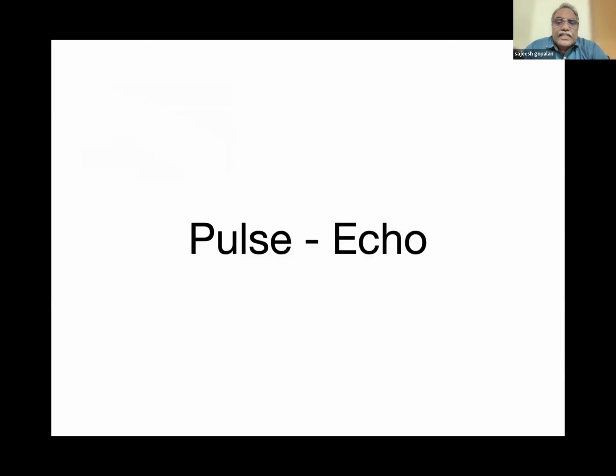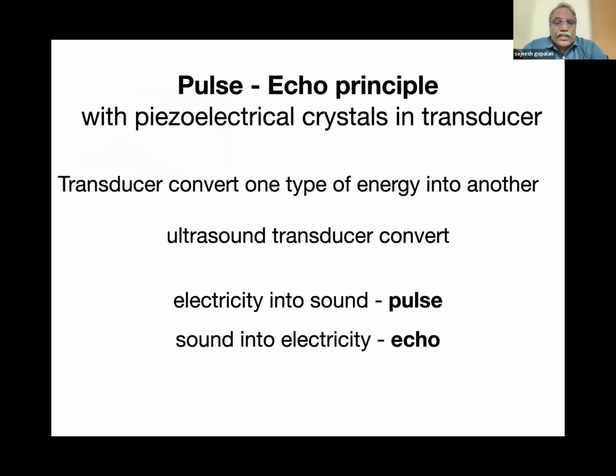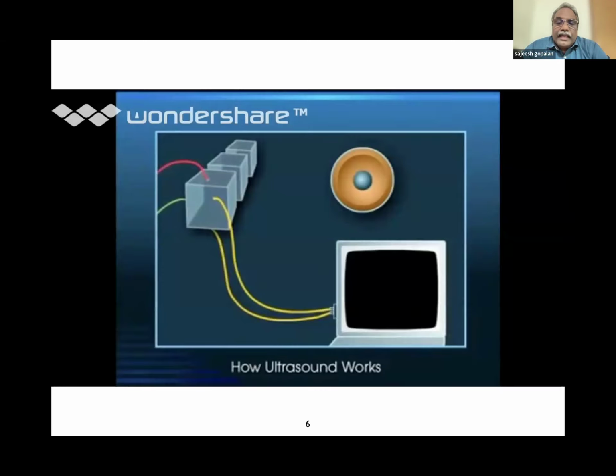From there, what happens is that we have a pulse echo process going there. That means the ultrasound transducer converts electricity into sound that goes into the body as a pulse, and it returns as an echo, and that will be captured and displayed by the transducer.